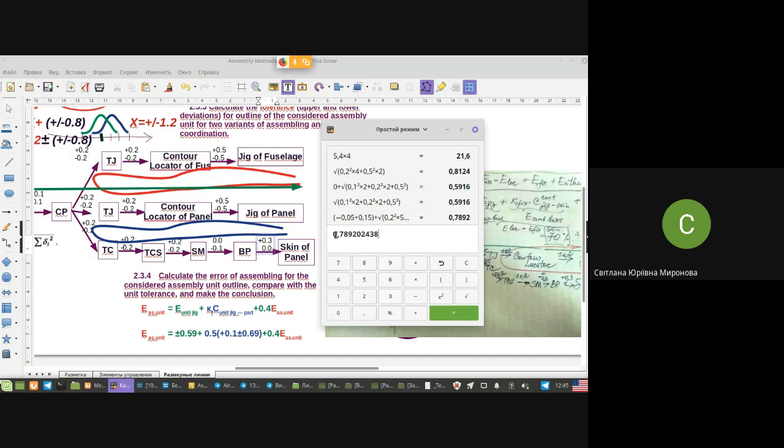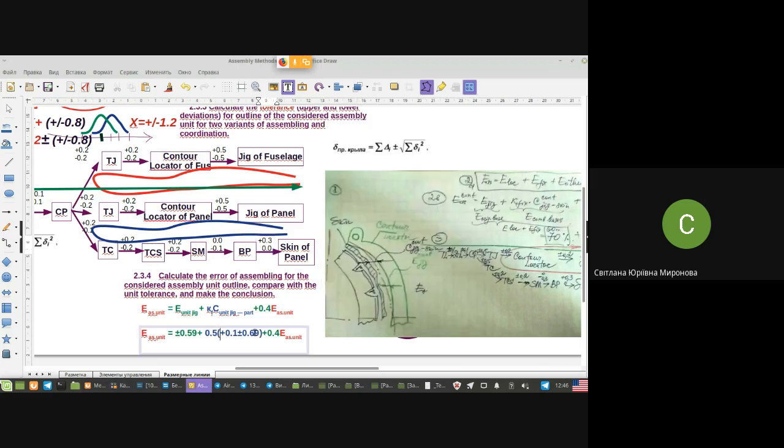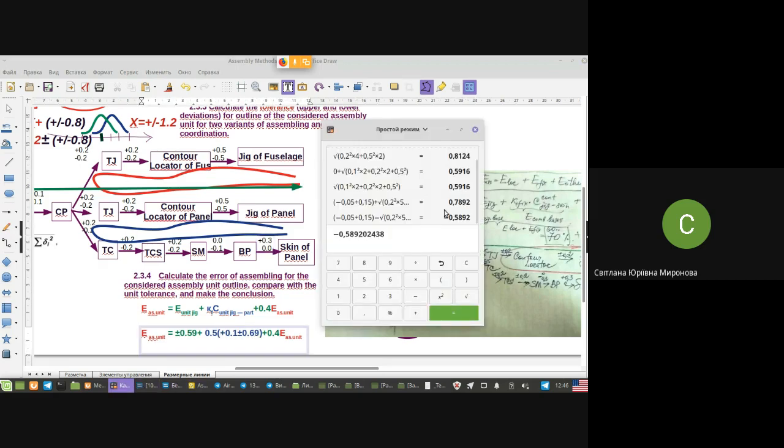Pay attention that I made it wrong. Look, the upper deviation is with the plus sign, but also we have minus, plus minus, yes? Minus the lower deviation, it's like this. And what you see here, this record, corresponds to what we were struggling for preliminarily.